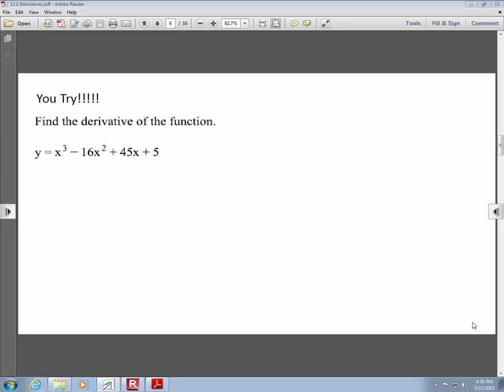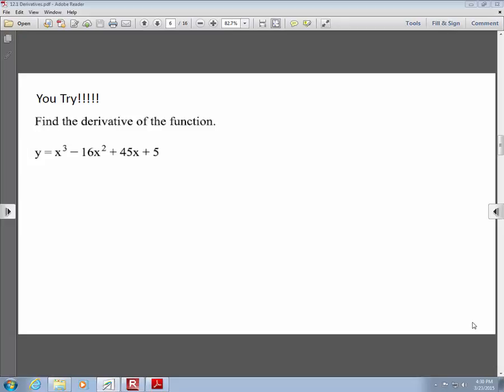Okay, so y prime is equal to, take the derivative of x cubed. That means the derivative of x cubed is going to be 3x squared, minus the derivative of 16x squared. Well, 2 times 16 is 32, so negative 32x, okay?